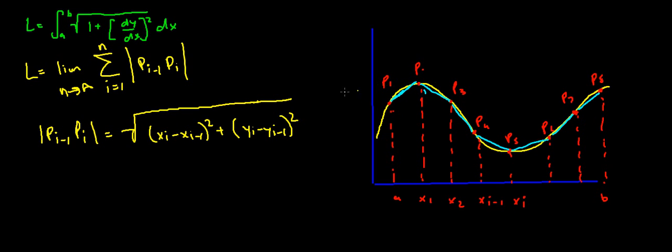I started with 1, but let's say i was 2. Then it would be 0.2 minus 0.1 squared, y2 minus y1. So the y of this point. I mean, you already know how all this stuff works anyways, so that's basically what's going on.